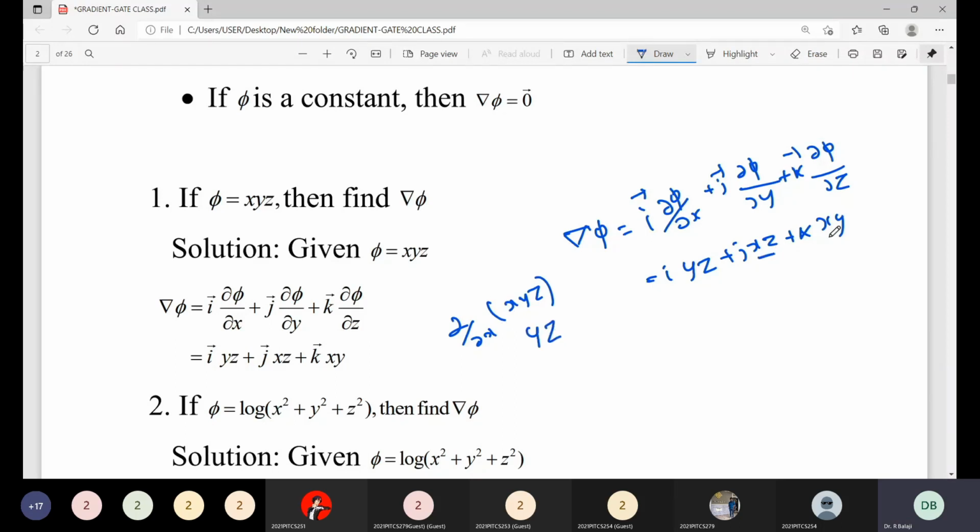Similarly xz and xy. So del φ is i yz plus j xz plus k xy.